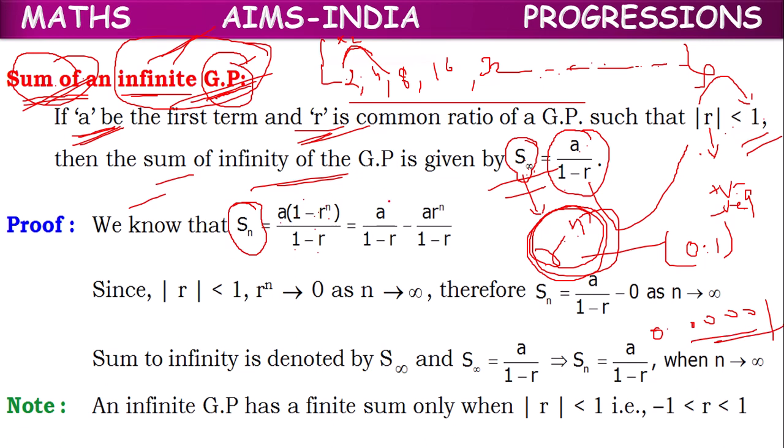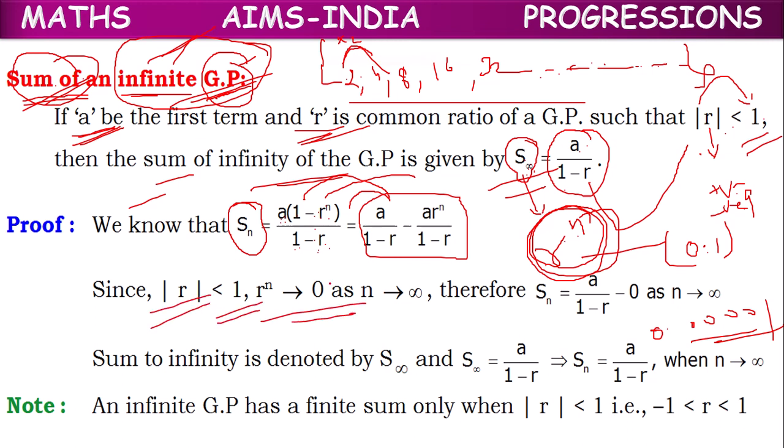If we split it, a by 1 minus r is one component, and minus a into r power n by 1 minus r is the other. This we can split into two parts. Since the modulus of r is less than 1, r power n almost approaches 0.